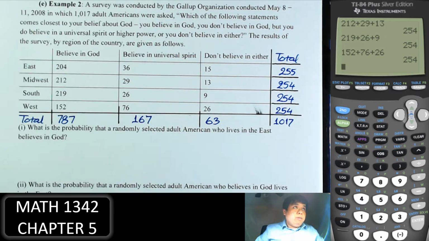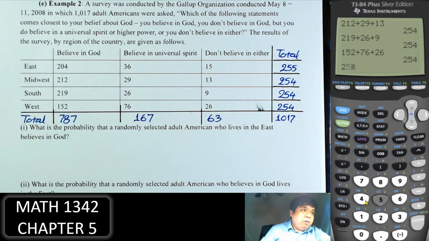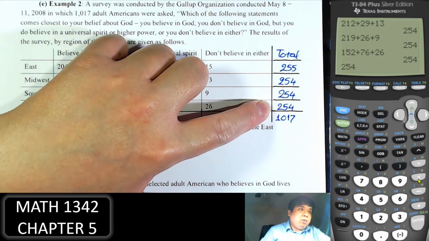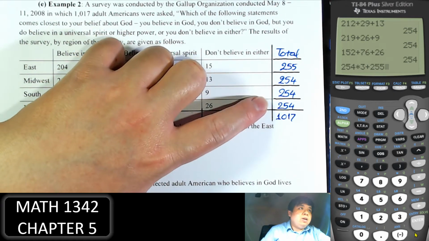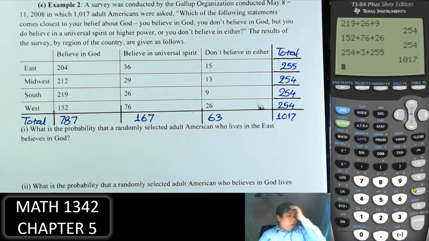If we add all of them up, 254, there are 3 of them, I'm just going to say times 3 plus 255. Yeah, so the totals are correct.